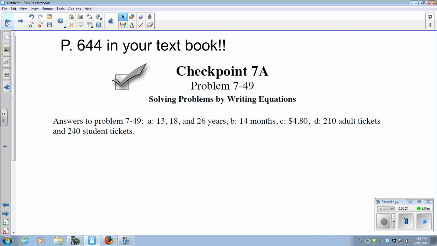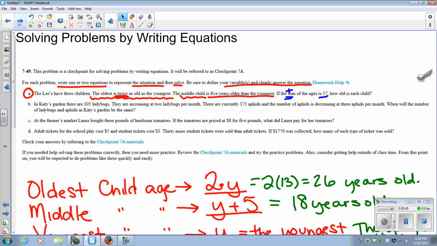Here it is. It's actually on page 644 of your textbook. They have the answers, which we just found for A, but they have the answers to all of them. And then they also have some more examples and some more practice problems for you. So I'd highly recommend that if you still have questions about it, at least try to work a couple of those out and check them.